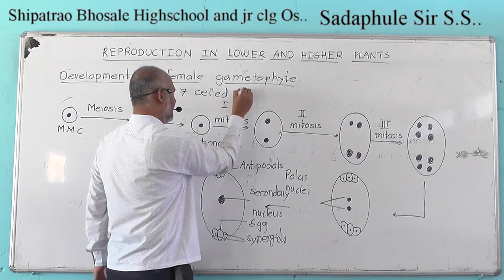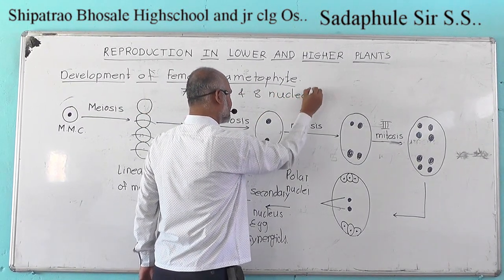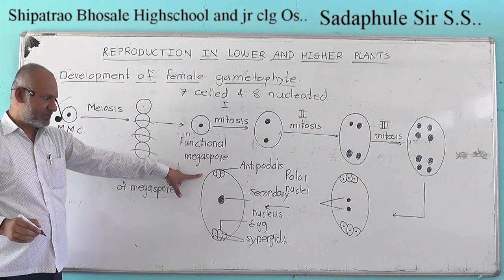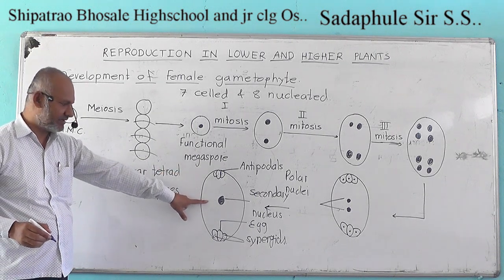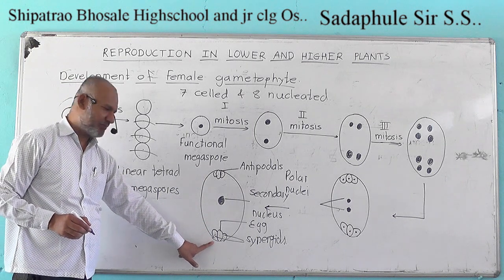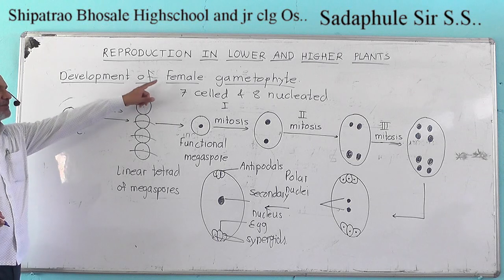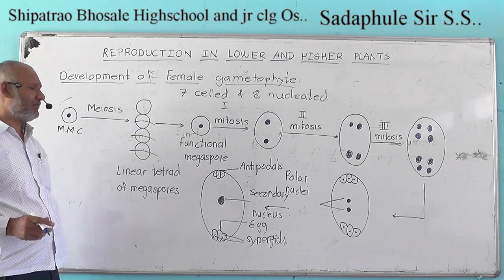Okay, this structure, a 7-celled and 8-nucleated structure with antipodals towards the chalazal end, the secondary nucleus in the center and the egg apparatus towards the micropylar end, is termed as the fully developed female gametophyte in angiosperms.